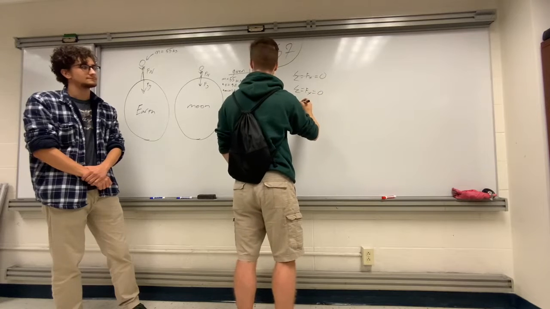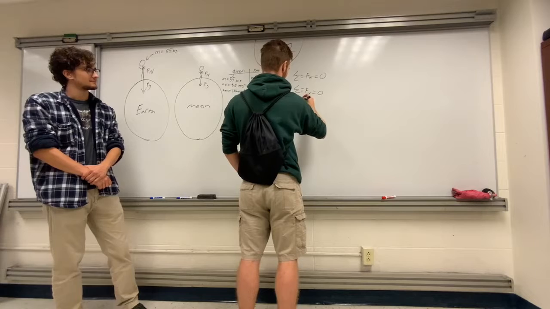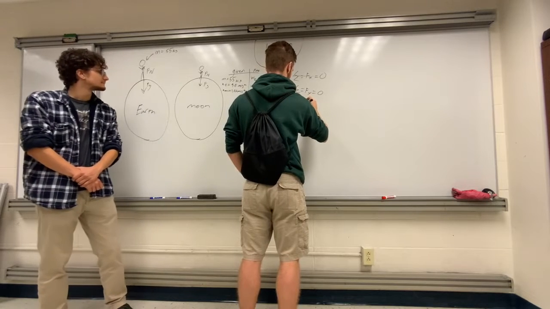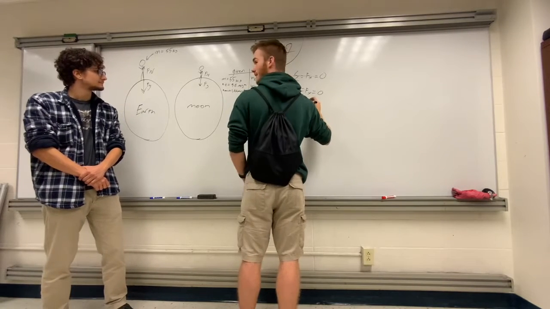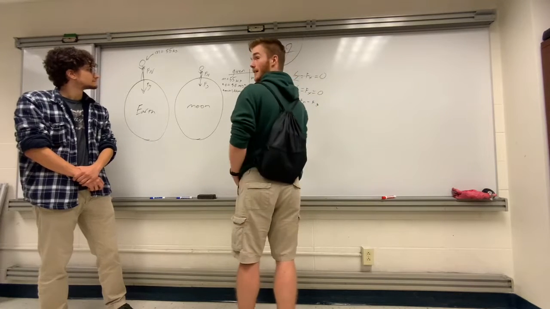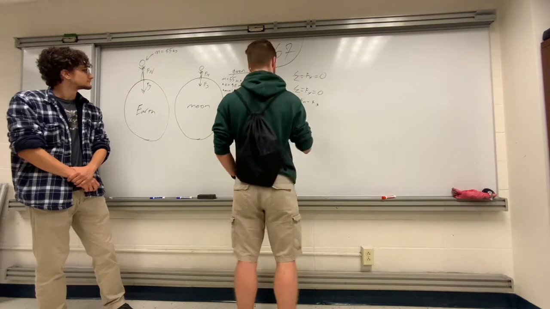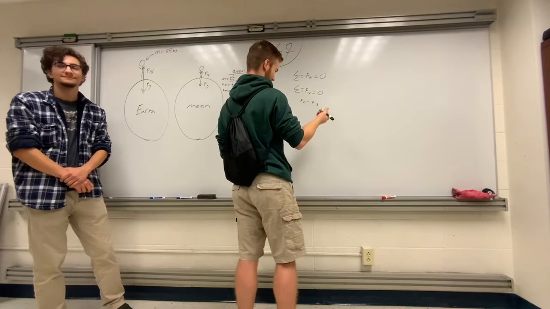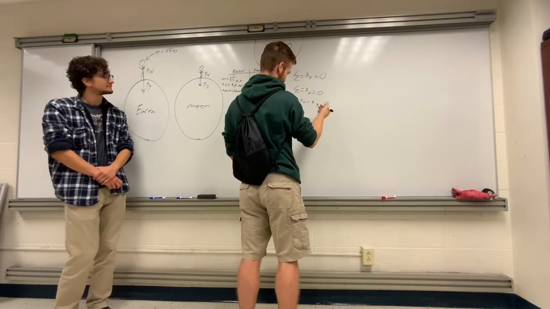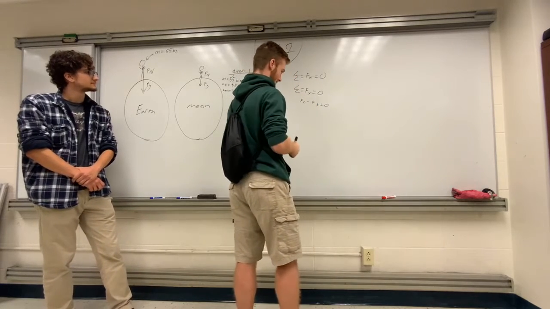In the Y direction, we have the force of the normal minus the force of gravity, and those equal 0. They're equal to each other, so the difference is 0. So that's the sum of our forces.